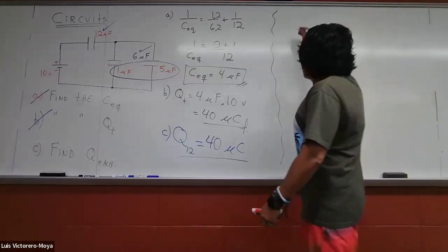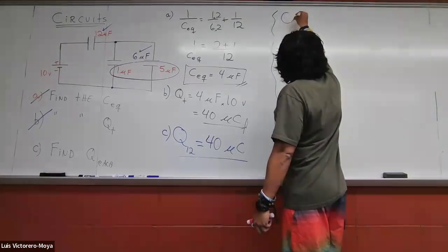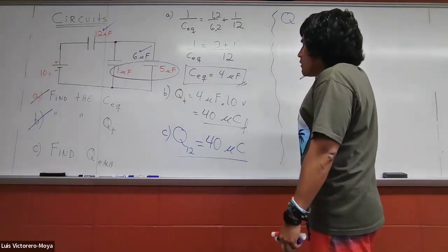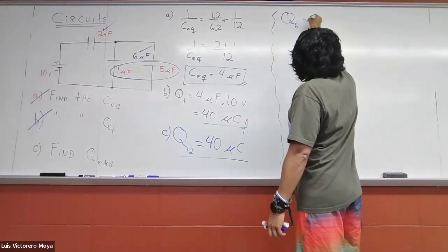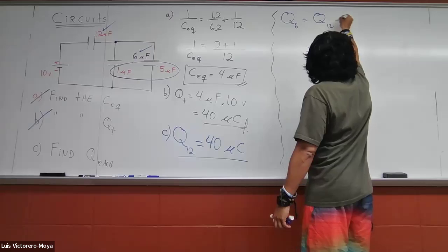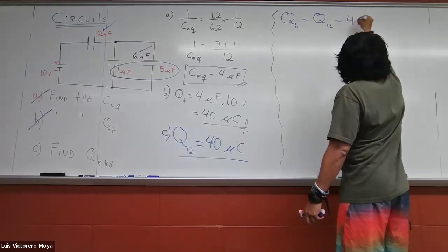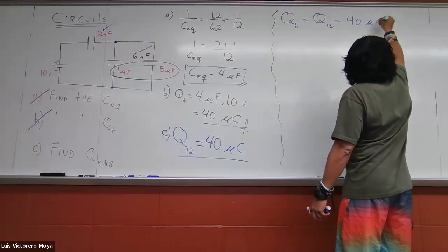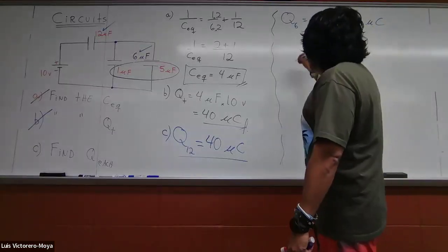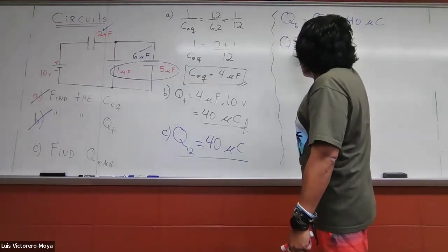So the charge on 6 is the same as the charge on 12, which is 40 microcoulombs.